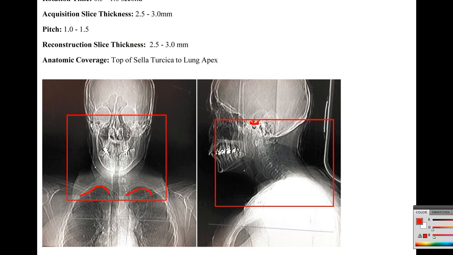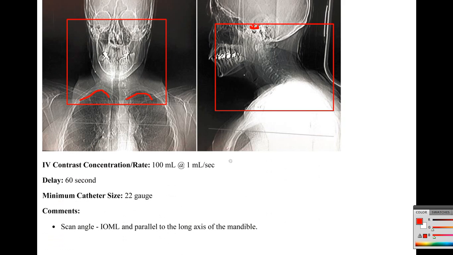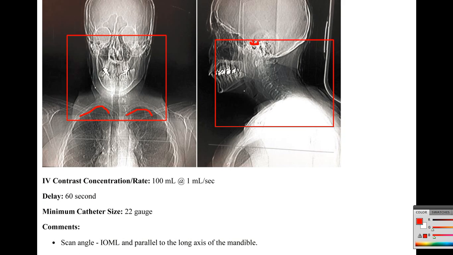Basically what I do is I'll line that go all the way down to the apex or the apices of the lungs, and then I use my sagittals to broaden out my scan field up to the top of the sella turcica. So we're covering all this portion.